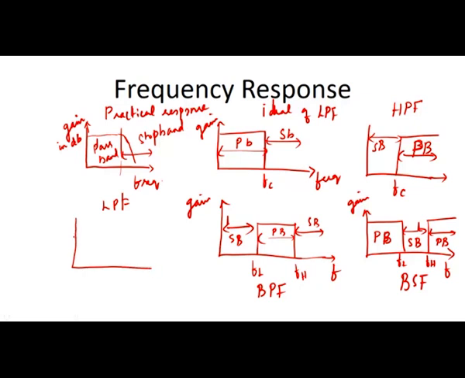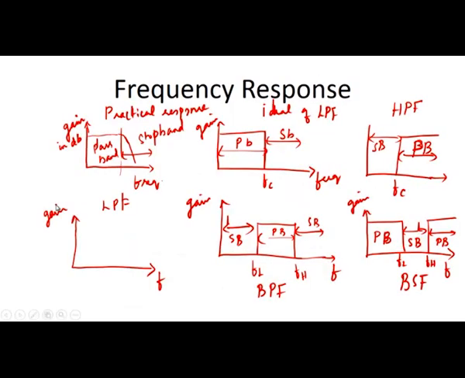We will take the high pass filter. Since we have discussed the practical response of the low pass filter, now we can take the high pass filter. Always take the frequency on the x axis and gain on the y axis.